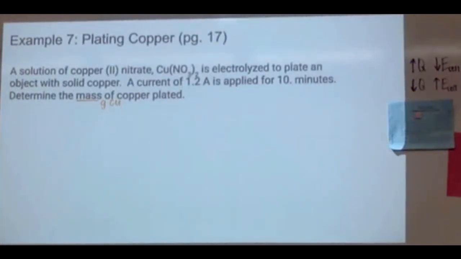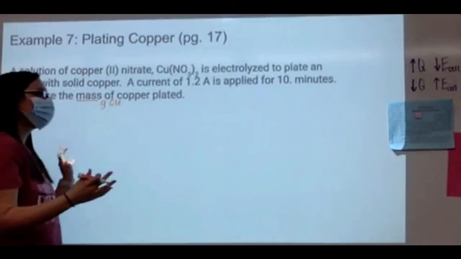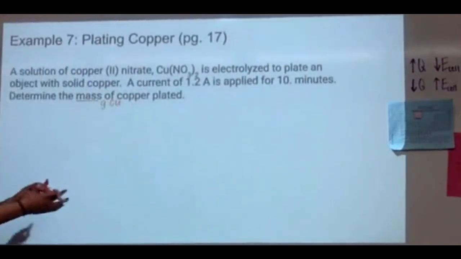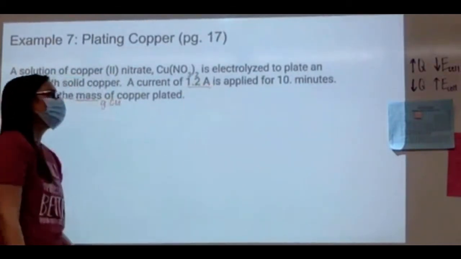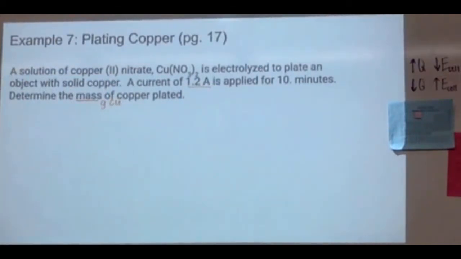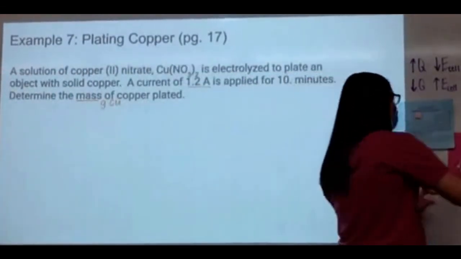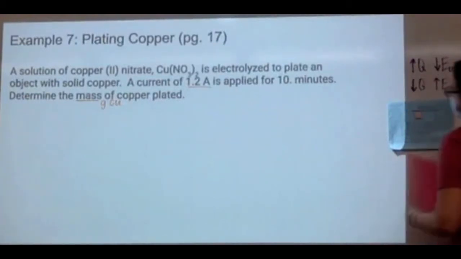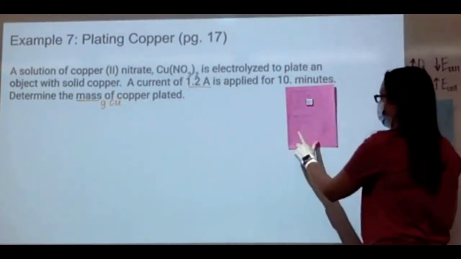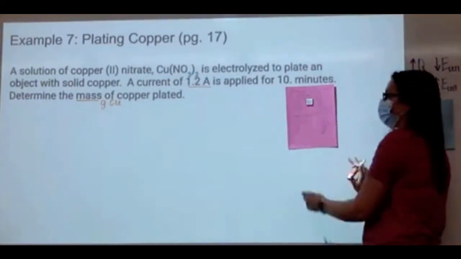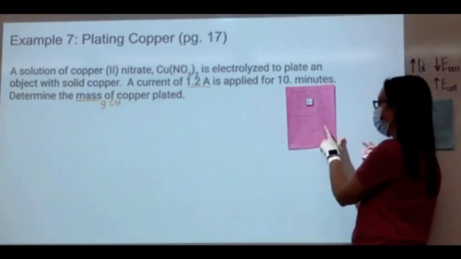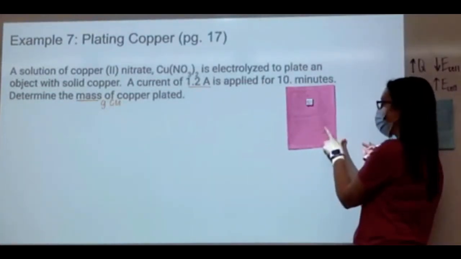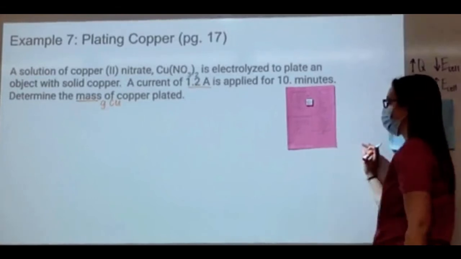So let's think about what we're given here. I like writing everything out that I have first, then I'll do the whole problem. So 1.2 amps. Remember, current is a conversion factor. If you're like, how am I supposed to remember that amps is a conversion factor? Well, on your equation sheet, remember you have I equals Q over T. And over on the side, it says I is current in amps, Q is charge in coulombs, and T is time in seconds.